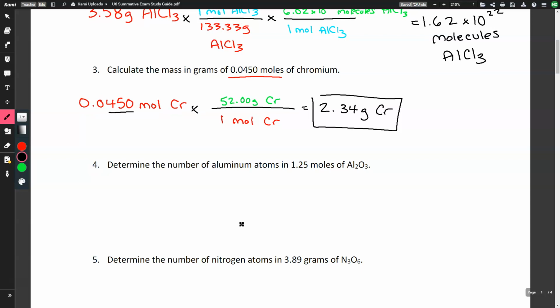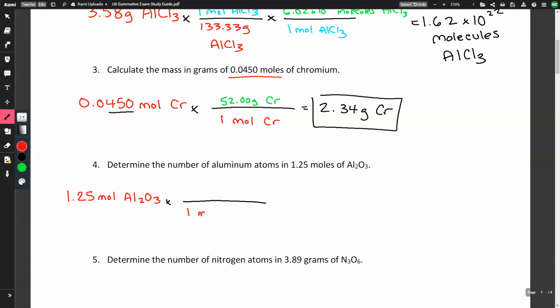Okay, number 4, determine the number of aluminum atoms in 1.25 moles of Al2O3, so aluminum oxide. So we've got 1.25 moles of Al2O3. We're going to need to go from moles to particles.